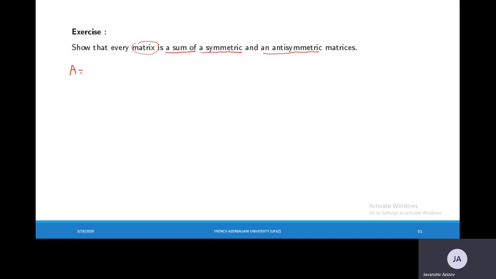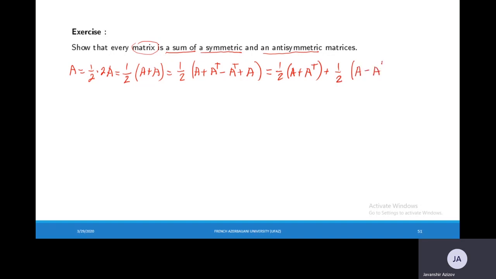Let's write this matrix as 1 over 2 times 2A, which is equal to 1 over 2 times A plus A. And then we add and subtract the transpose of A: 1 over 2, A plus the transpose of A, minus the transpose of A, plus A. This is equal to 1 over 2 times A plus the transpose of A, plus 1 over 2 times A minus the transpose of A.